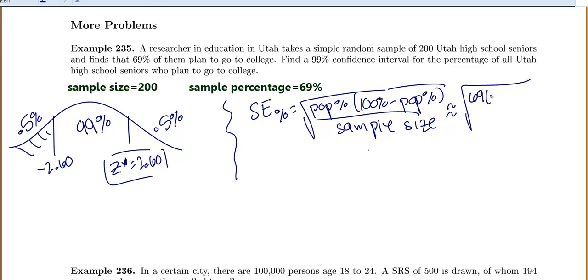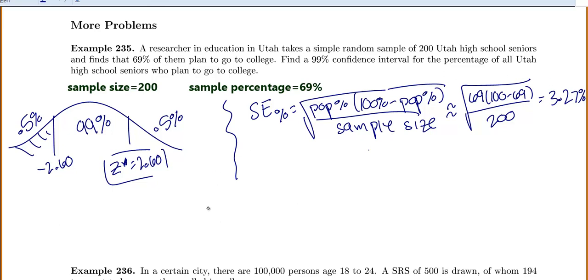So 69 times 100 minus 69 divided by our sample size of 200, which gives me 3.27%. So I estimate that 69% of all the high school seniors plan to go to college, give or take about 3.27%.